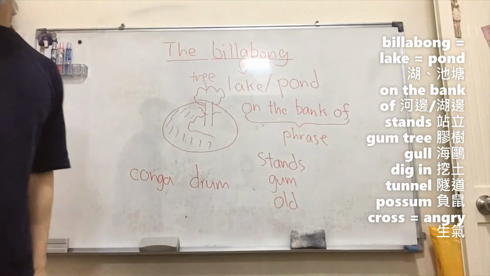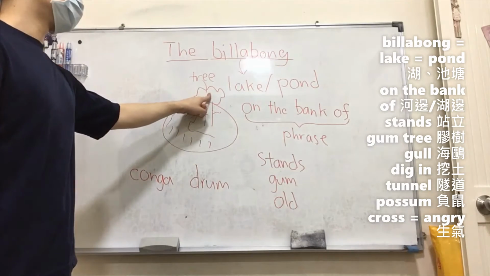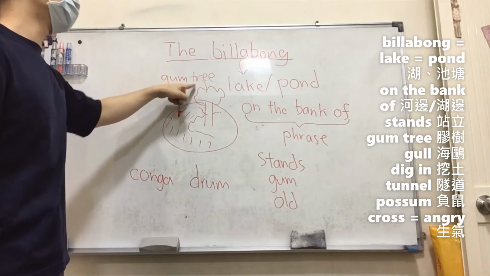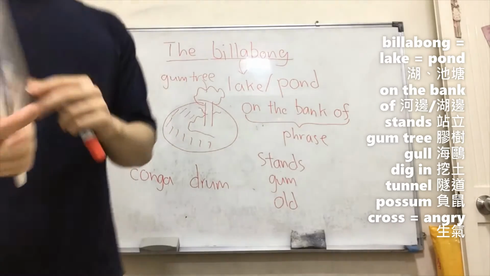That is your special type of drum. And in this case, we have a gum tree, G-U-M tree. It is a special type of tree. So that will be it for the first page.